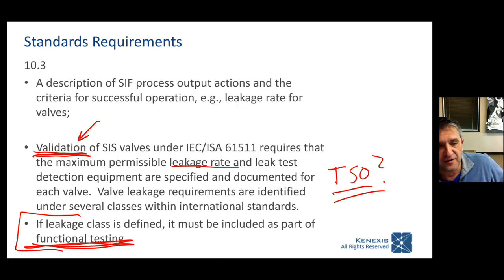It's not enough to just pump up the transmitter and watch the valve move to the closed position externally by looking at the valve stem. You need to do a leak test. So once the valve is closed, you need to pressure up the upstream side and then basically measure how much is leaking through.